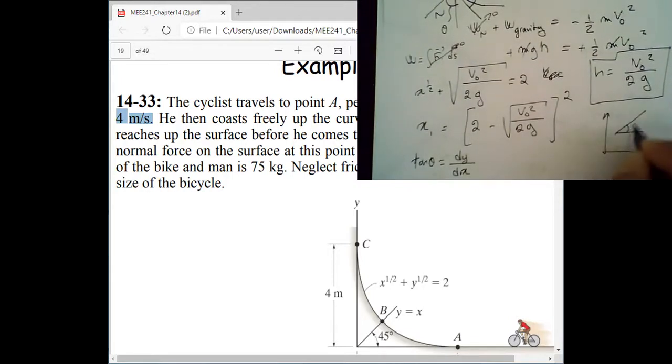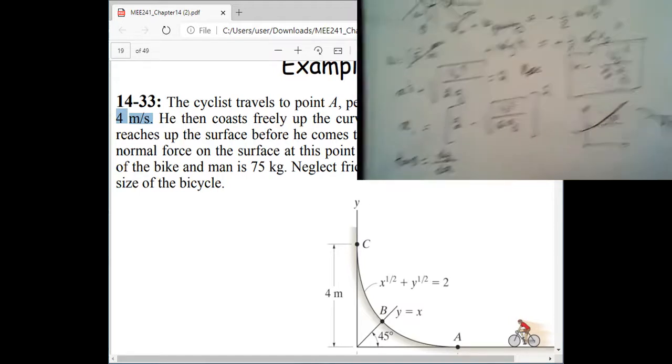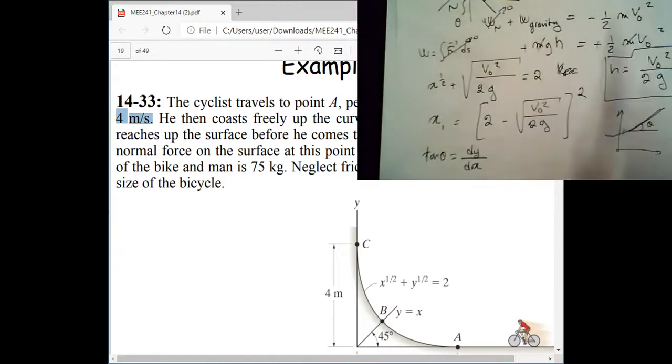So if theta is positive, it means that the curve is going like this. And if the curve is like that, then theta is negative, right? This is a curve. If dy over dx is negative, then we know theta is going to be downward. Right, so here obviously we know it's going to be negative.